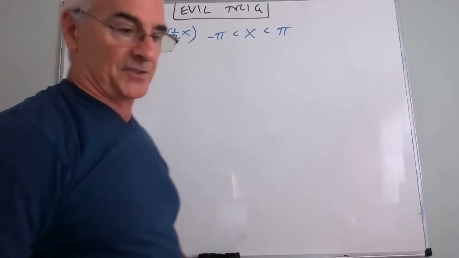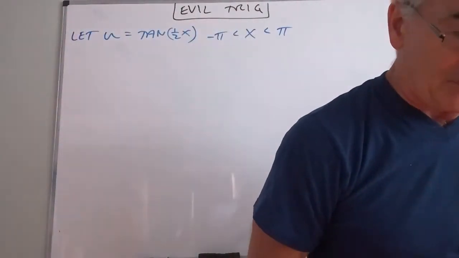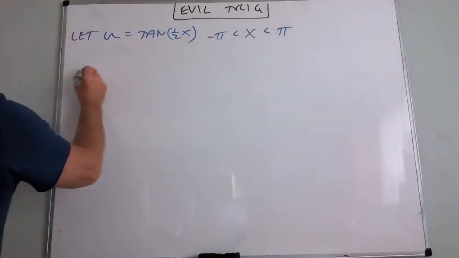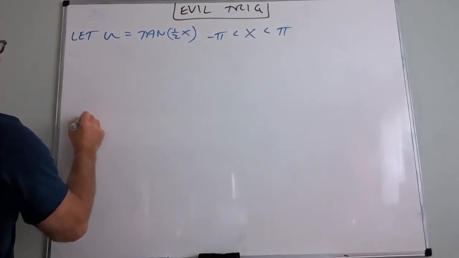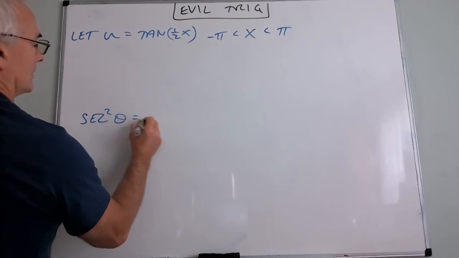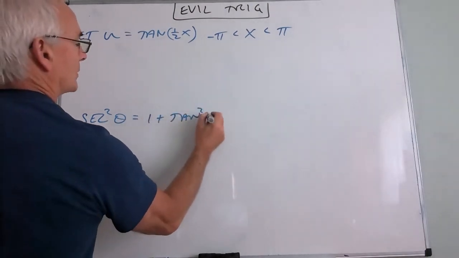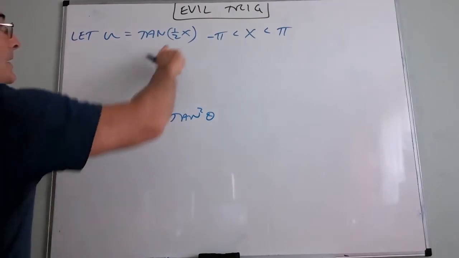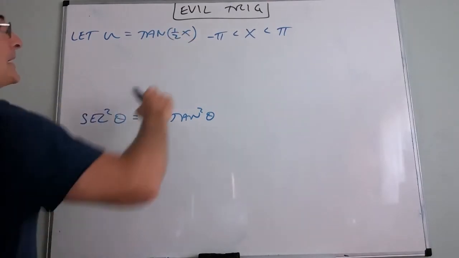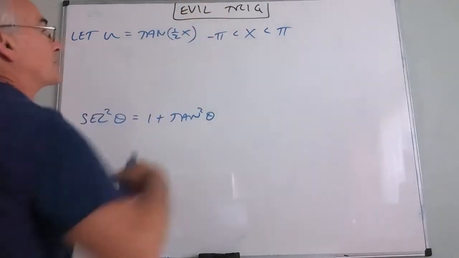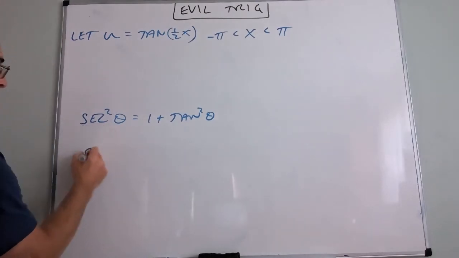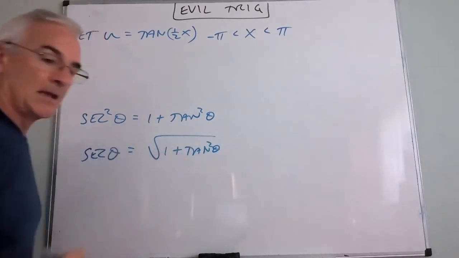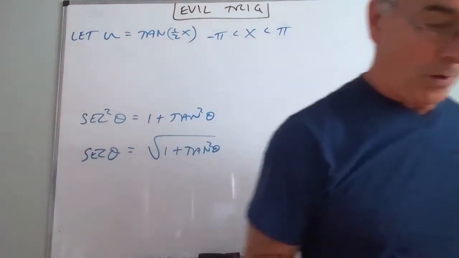Now, starting with that statement there, I want to derive the sine and the cosine. So what we're going to start by doing is using the fact that I know that, I'll write everything down so we remember. I know that the secant squared of theta is 1 plus the tan squared of theta. We know this, correct? Okay, so if I am using this as my angle, then that means I'm only considering the first and fourth quadrants for the original angles. Then the secant is strictly positive. So I can say this is true. Okay, so I can start with the statement like that, or I can go in reverse.